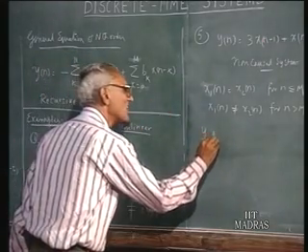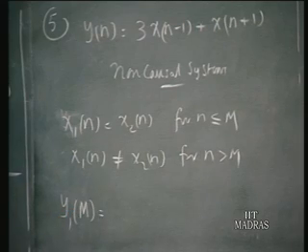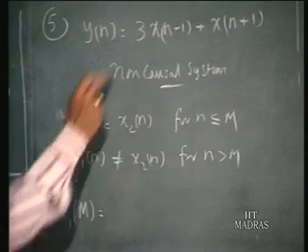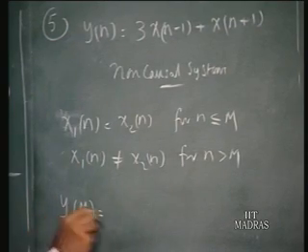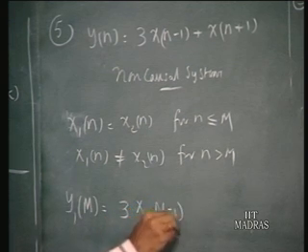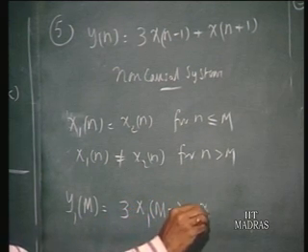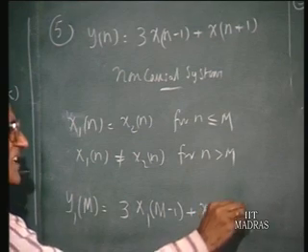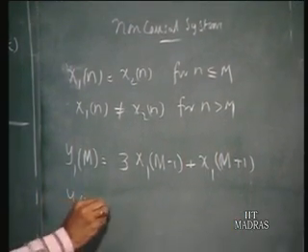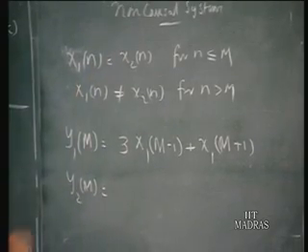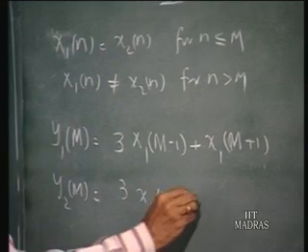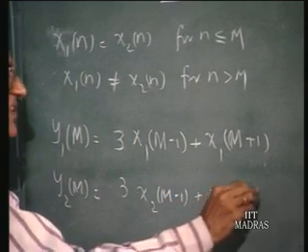I want to find this output at the instant M: y1(M) will be 3 times x1(M minus 1) plus x1(M plus 1). y2(M), the output corresponding to the input x2(n), would be 3 times x2(M minus 1) plus x2(M plus 1).